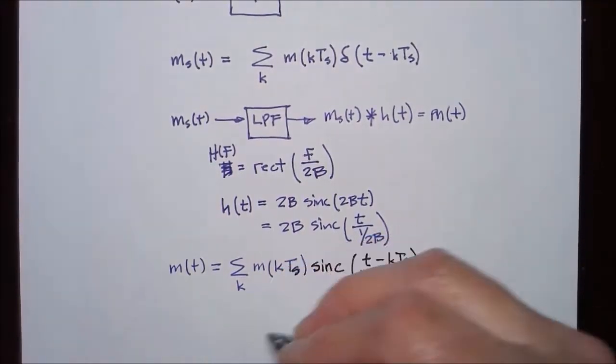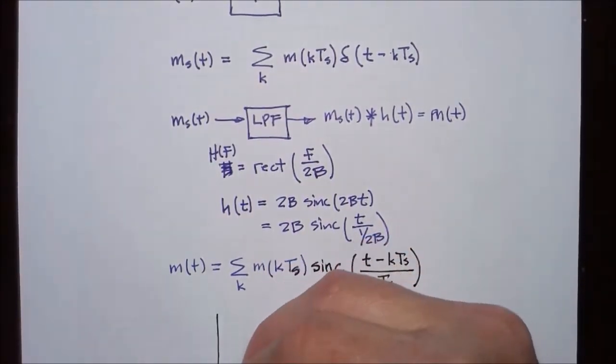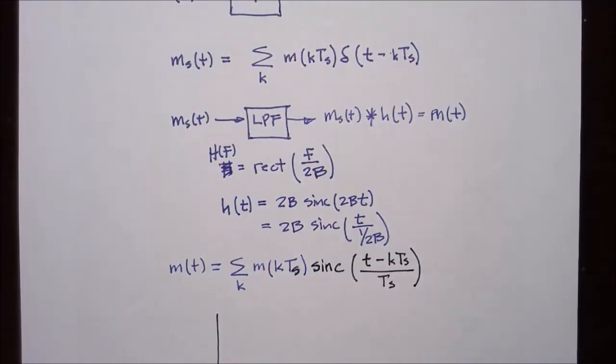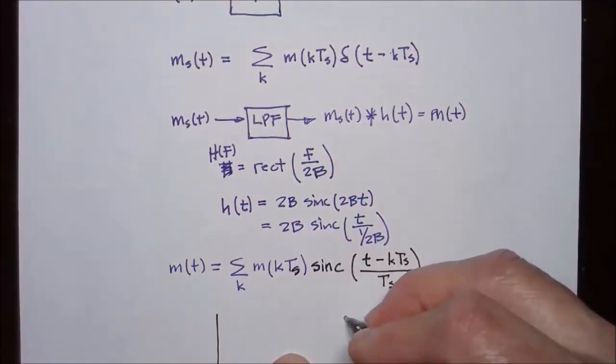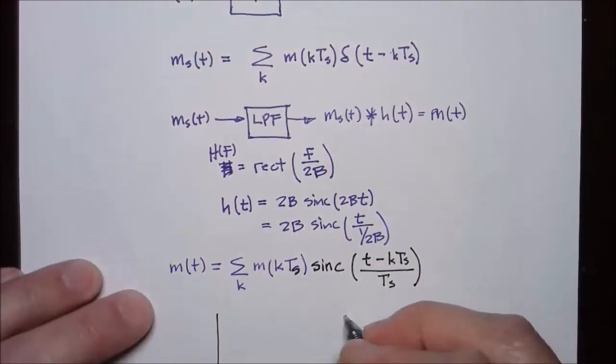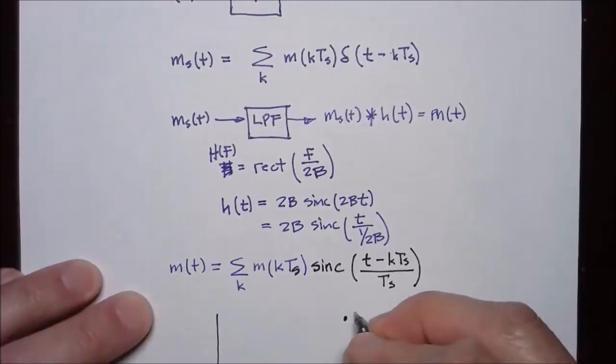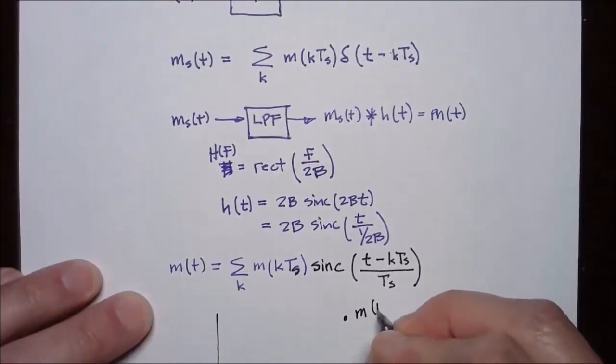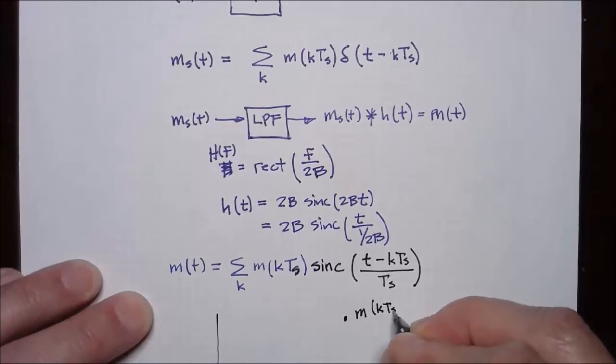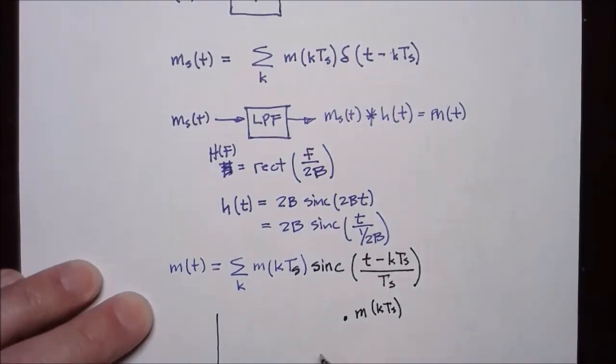Each one of these sinc functions, for some value of k, is shifted to the location of k times t sub s, and it has a weight factor that gives it the peak value m of k times t sub s.